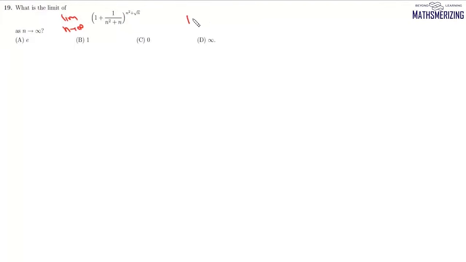Now this is 1 to the power infinite form, and if it is 1 to the power infinite form, we'll directly use the shortcut, which is e to the power limit n tends to infinite g(x) times (f(x) minus 1), which is (n square plus root n) into (1 upon n square plus n).